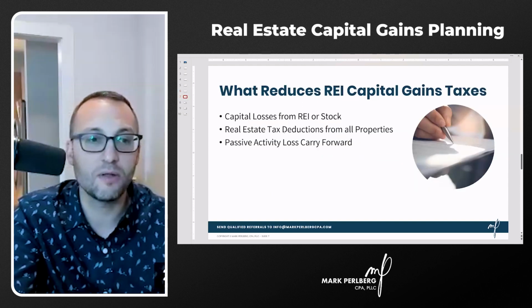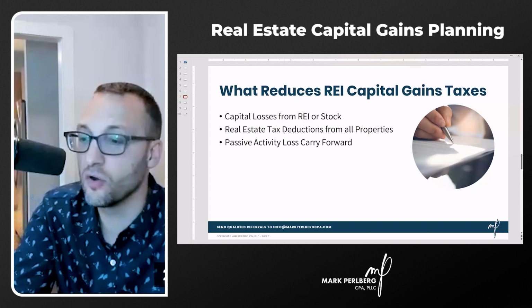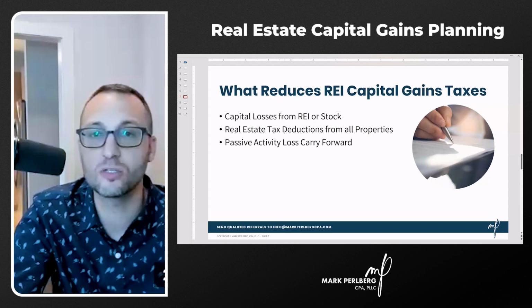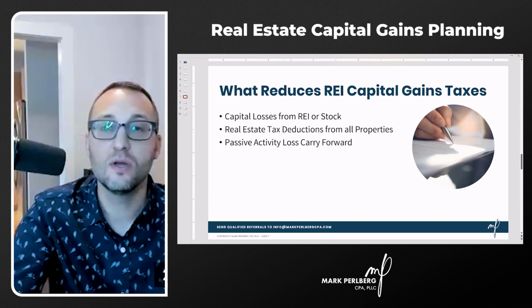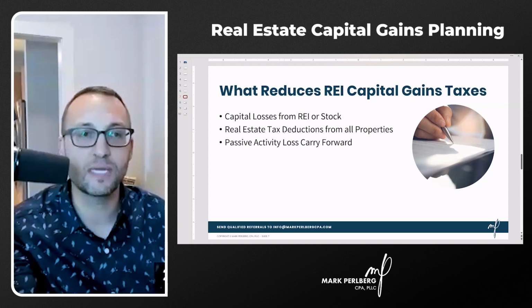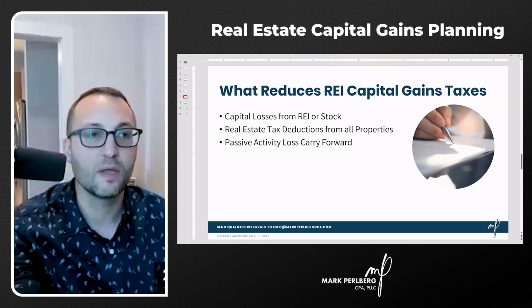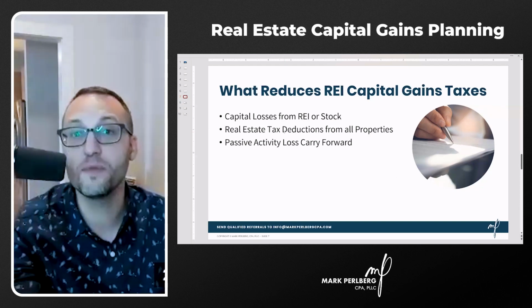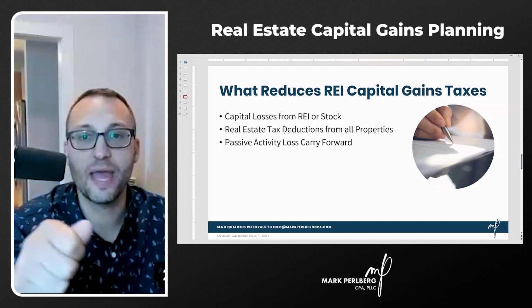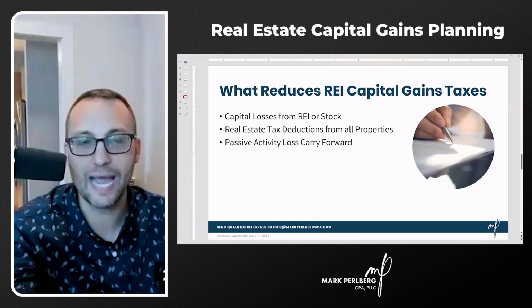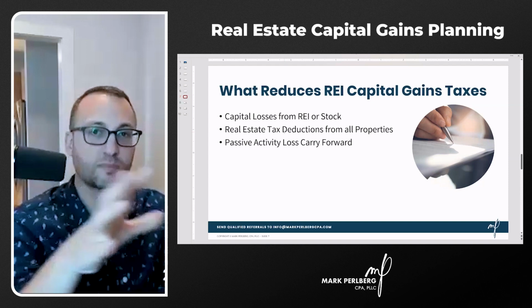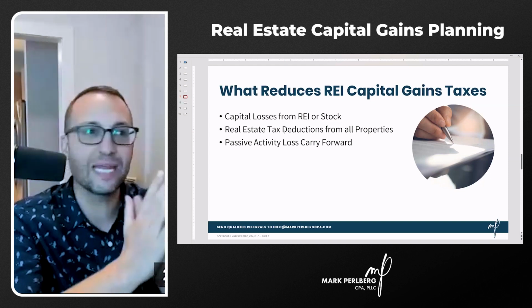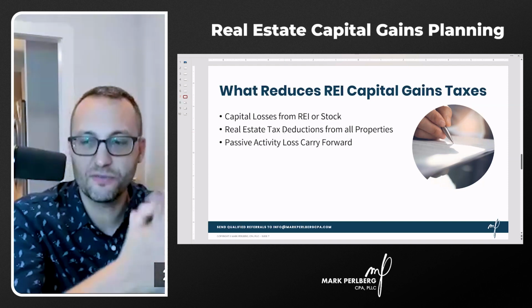All right. Now let's talk about what can reduce your long-term or short-term capital gains. So let's say we're going to have some capital gains from real estate here. A capital loss, either from other real estate or from your stocks, will offset those capital gains taxes. So let's say we have a capital gain and all of our strategies have failed.